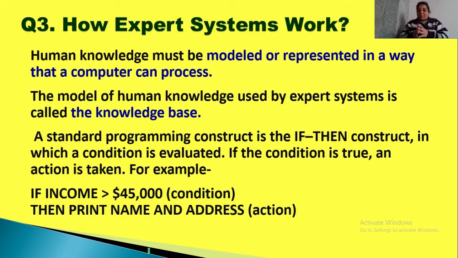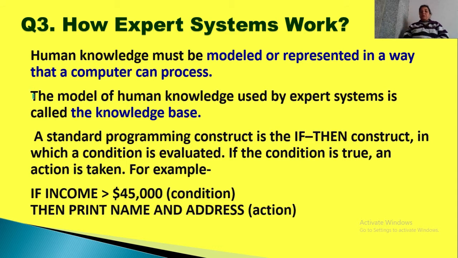See, when we talk about the working of an expert system, the idea is how a human being works, how the human being processes the information. It can be represented or modeled on the computer. A human job is to be replaced by a computer machine. So, the modeling or representation of the human knowledge must be done properly here.